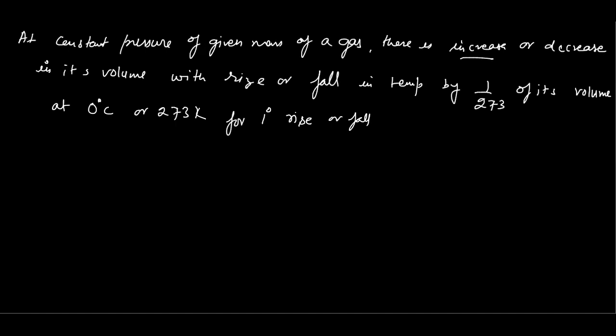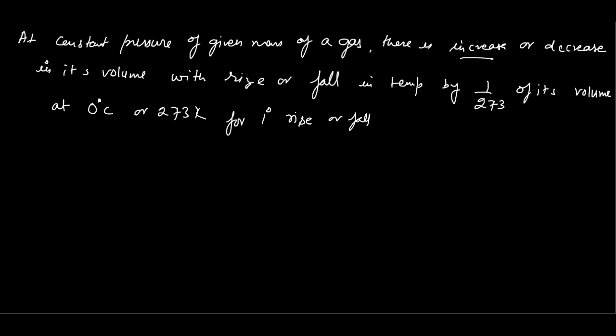For 1 degree rise or fall, does this refer to Kelvin or Celsius? The rise and fall is the same in Kelvin and Celsius, because there is only an additive difference. So if we increase 1 degree, either in Kelvin or in Celsius, it is the same. But you have to consider this in Kelvin.